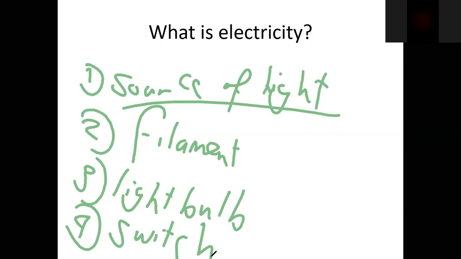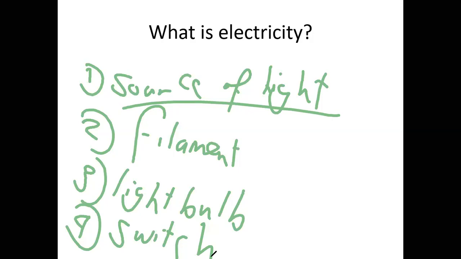Okay, and the fourth one, or the last one, is a switch. What is the function of a switch? It is just to open and close your circuit. When you are switching on your circuit, it means you are closing your circuit and allowing electrons to move through the circuit.